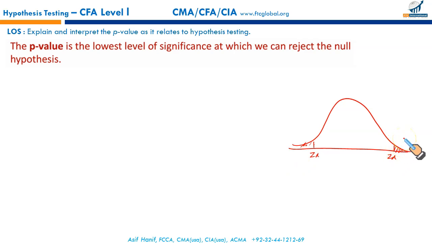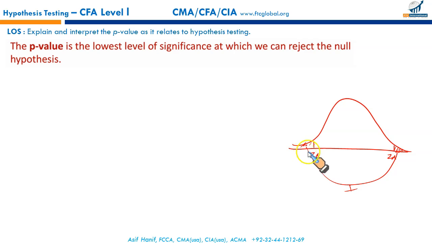So in this case, the area right of Z alpha is the p-value, and if it's a two-tail test, then the p-value is the sum of the areas of the tails, this one and this one. So basically the strength of the evidence against the null hypothesis increases as the p-value becomes smaller.